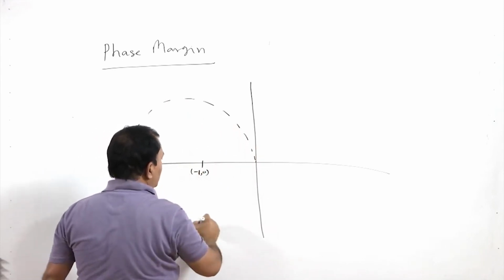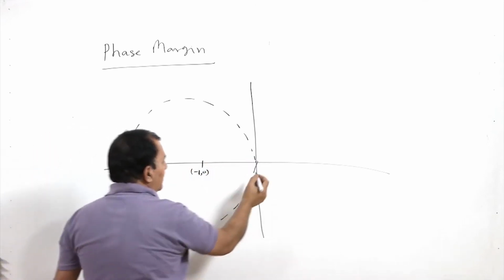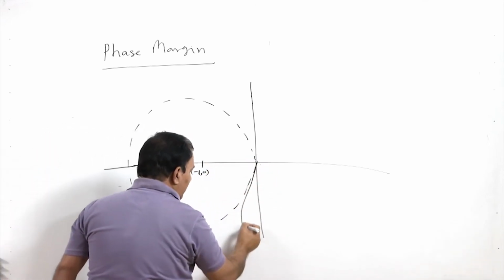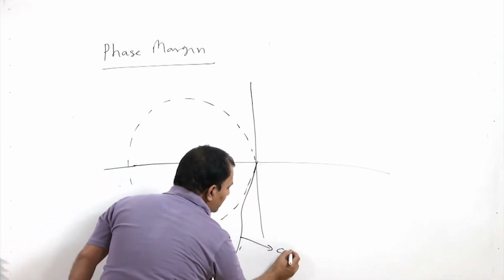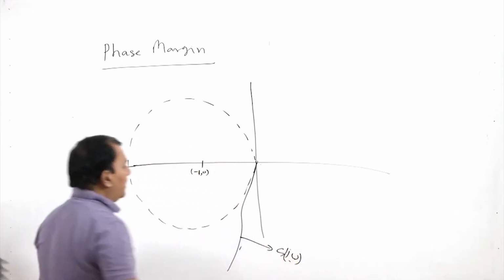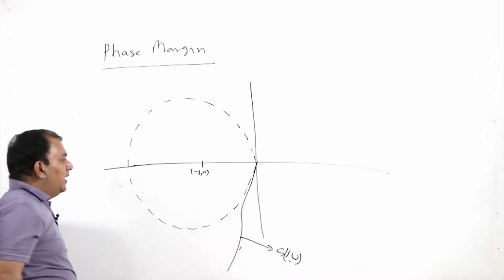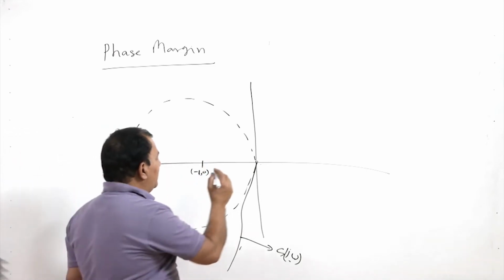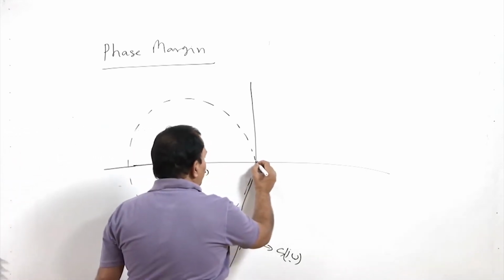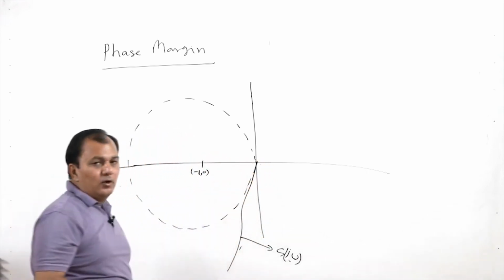I have a unit circle and somewhere this is my Gj omega plot, which is giving me the gain margin as infinity. So, to get the phase margin I draw a unit circle, but now centered at the origin.